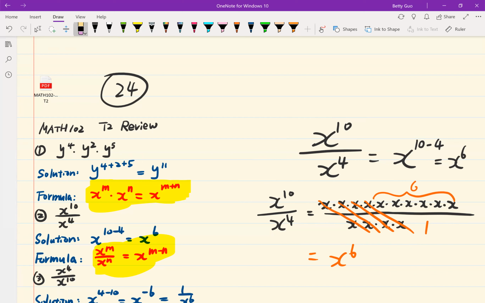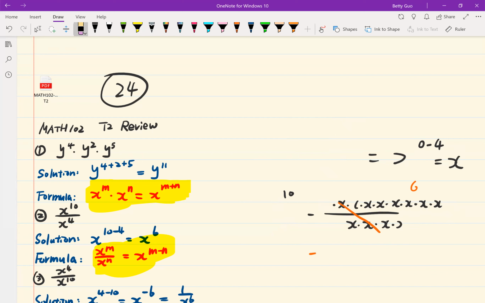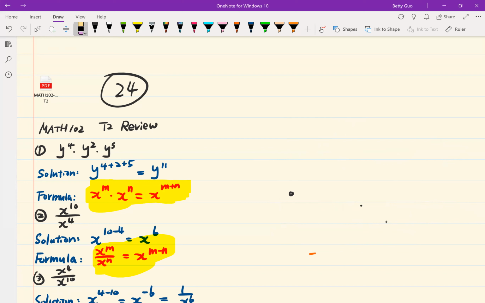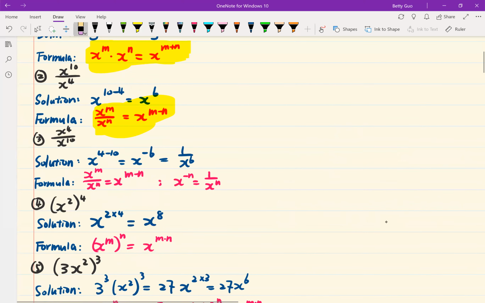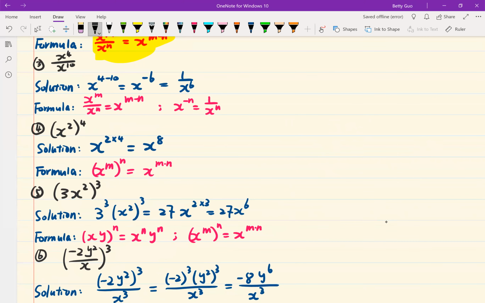Number 3. X to the power 4 over x to the power 10. Quotient rule again. We keep the base and we take the difference of the 2 exponents.